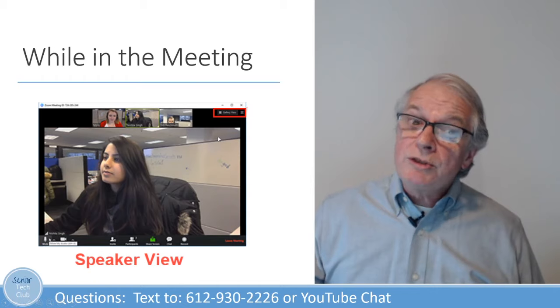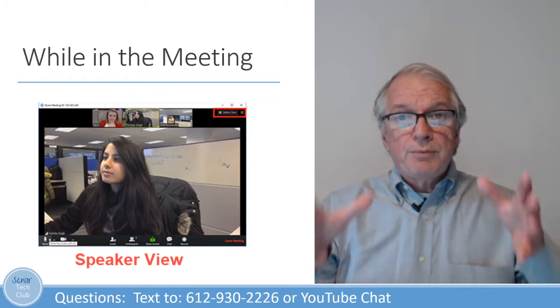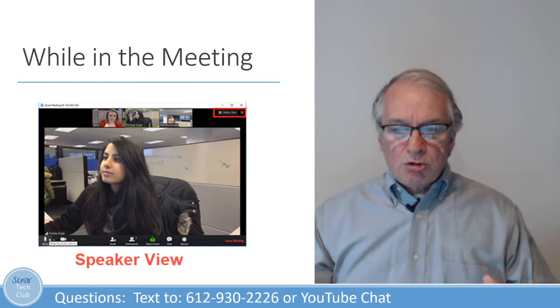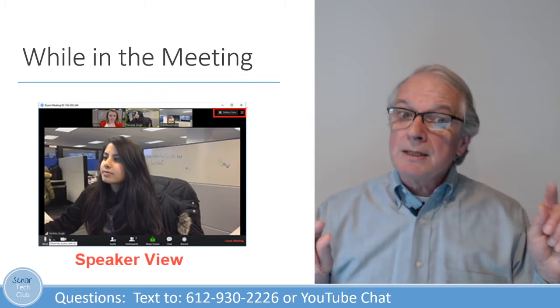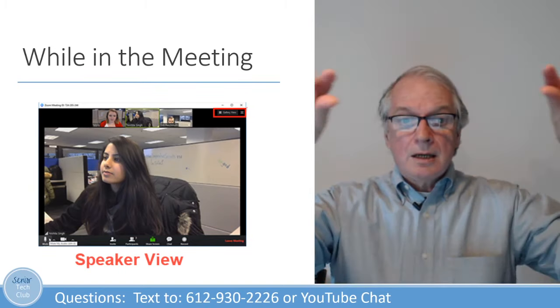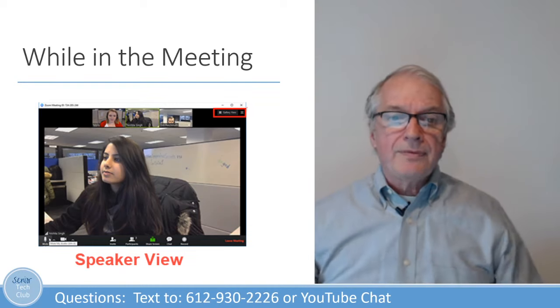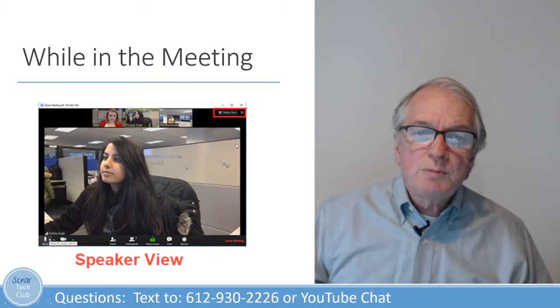Right? And so with a speaker view, the primary speaker or the person who is speaking is presented on the lower part of the screen with the bigger image. Other participants in the meeting are using smaller thumbnail images up at the top. Right? This is referred to as the speaker view.